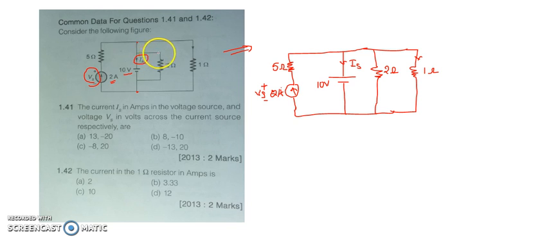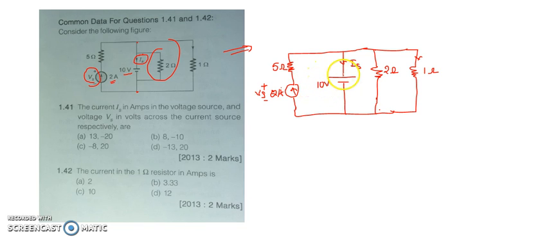I can take this 2 ohm like this because this arrangement is the same as that arrangement. Both are the same, that's why I took this 2 ohm resistor like this.